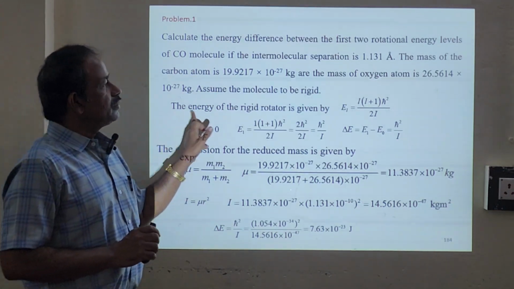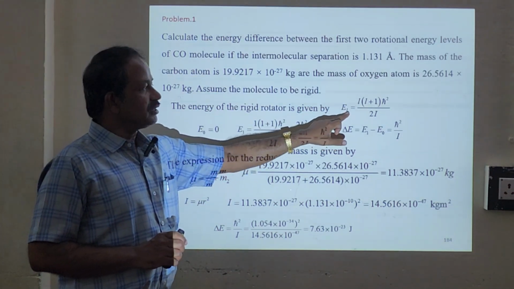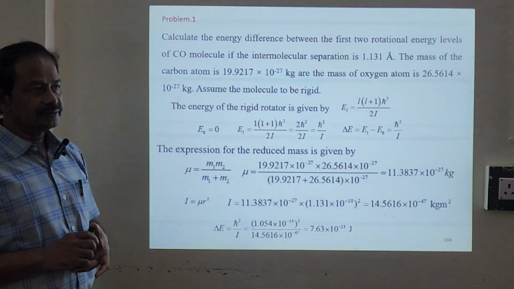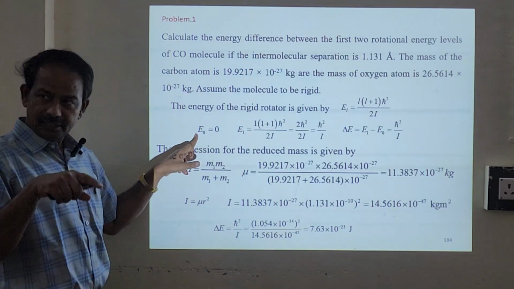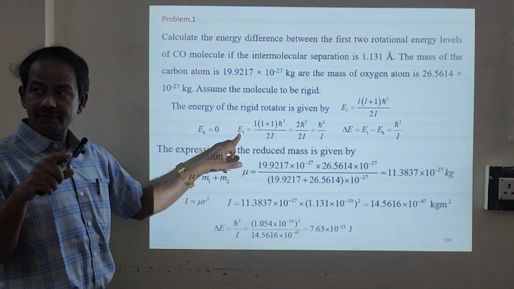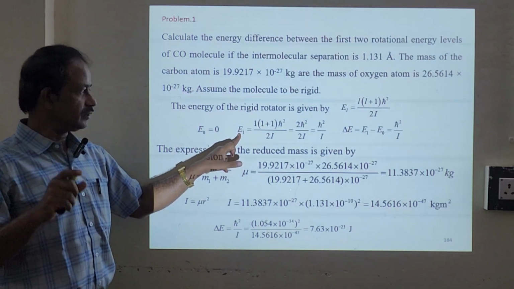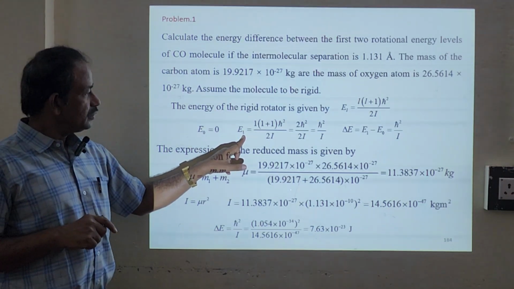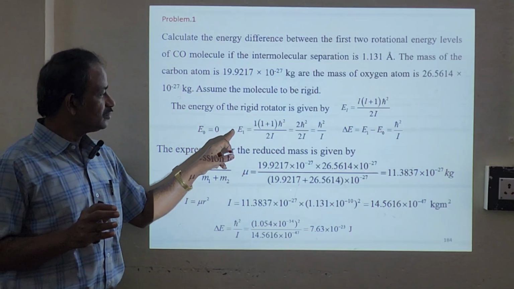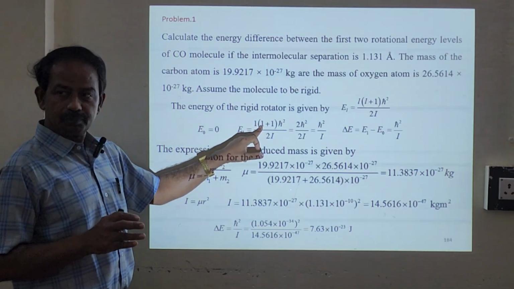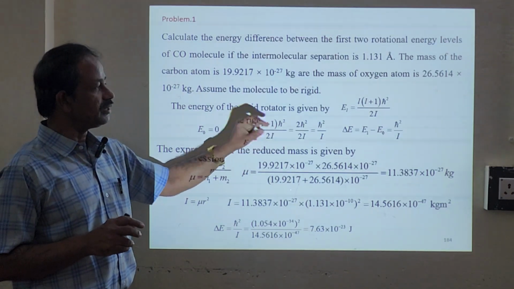The energy value of the rigid rotator is given by this expression. As I said, first 2 rotational energy levels, so E0 for L equals 0, and E1 for L equals 1. When L equals 0, E0 will be 0. E1 is given by 1 multiplied by 1 plus 1 divided by 2I, h bar squared.